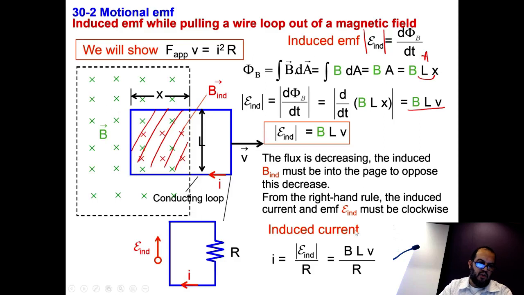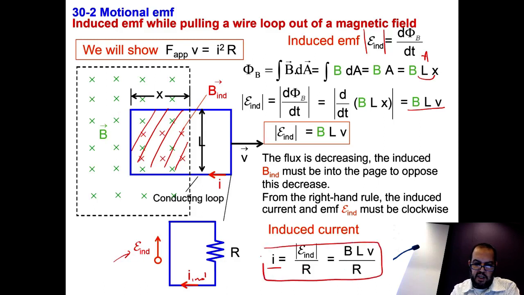So now I can draw this equivalent circuit. This is the induced EMF, it's clockwise. This is the induced current, and it has a resistance R. I can determine the current I by dividing the induced EMF by the resistance of the circuit. It's Ohm's law, V equals Ri. So this is now an equation for the induced current.